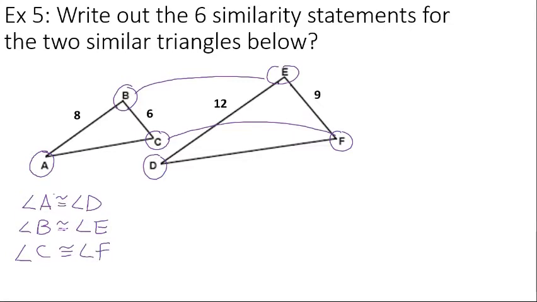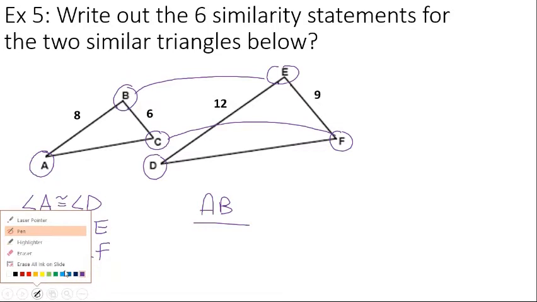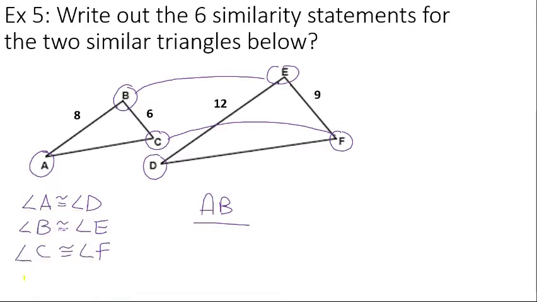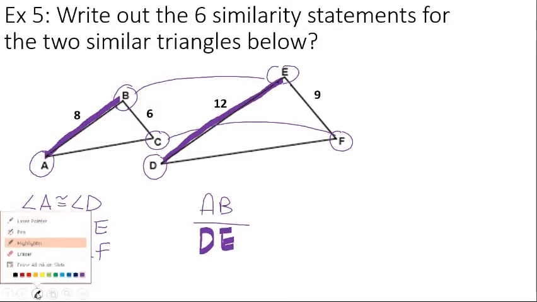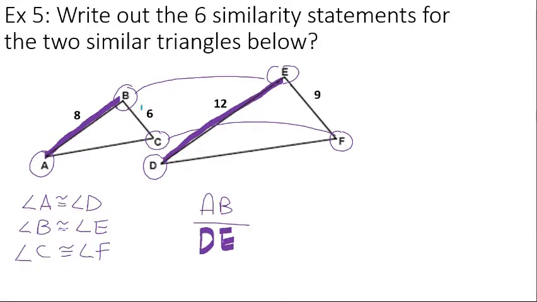And then the other three are the sides. So I'm going to say here, side AB corresponds to DE. So I'll put AB over DE. I'll pick another side. So next side we say is BC goes to EF.